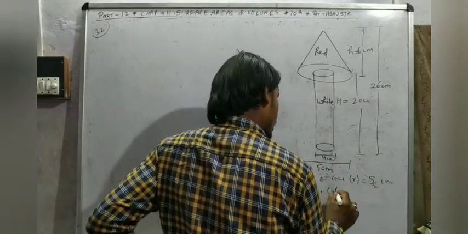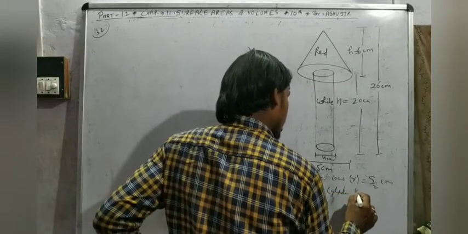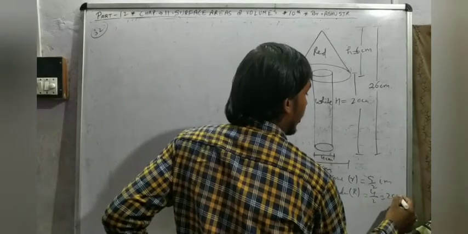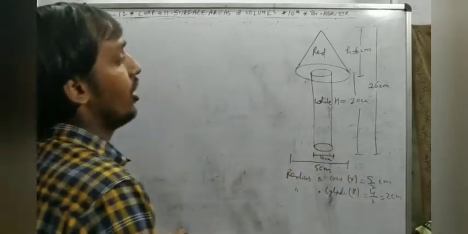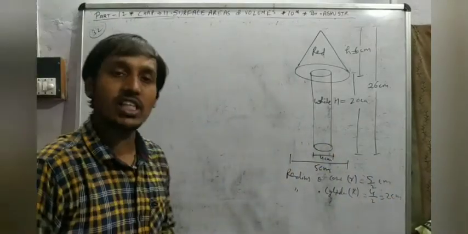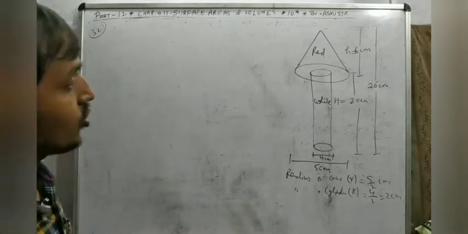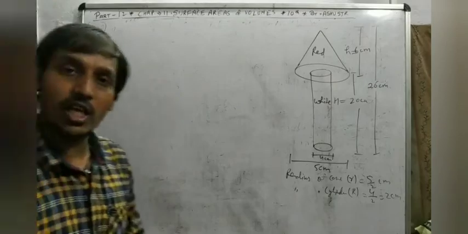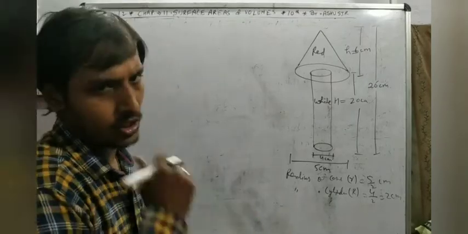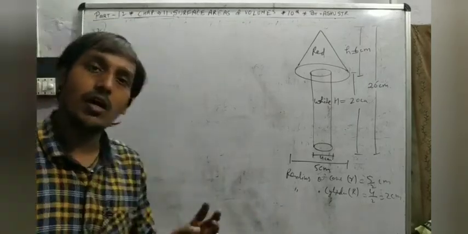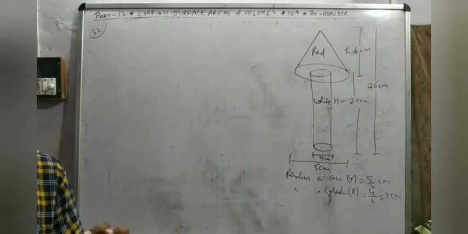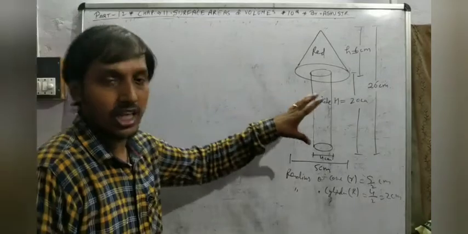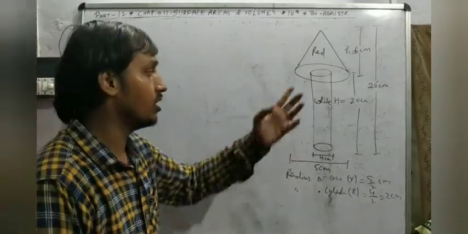Radius of the cylinder is 4 by 2, that is 2 centimeter. The figure is a combination of two figures, cylinder and cone. Cone surface area is pi rl and base pi r square, so we need r and l, but here l is not given.